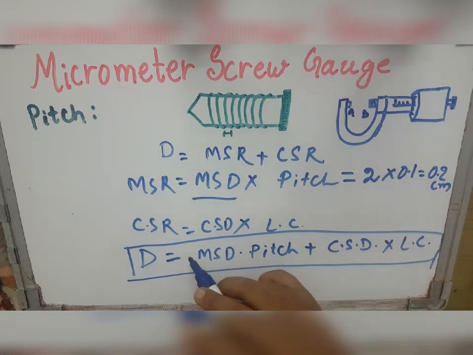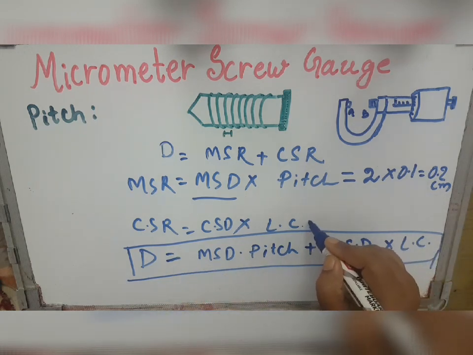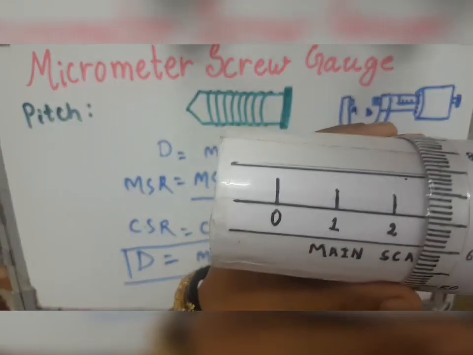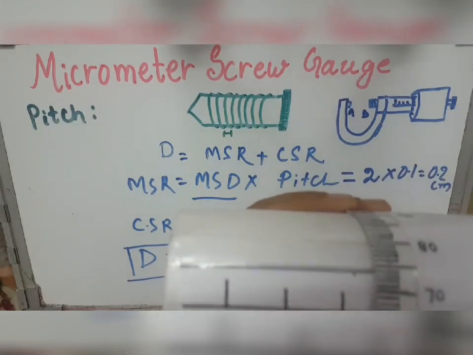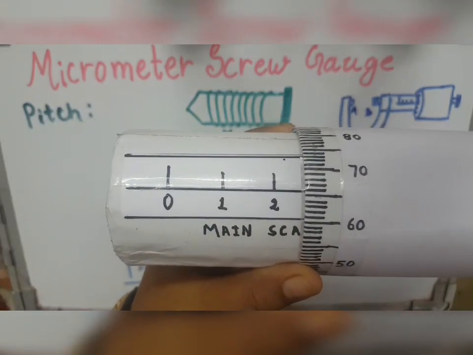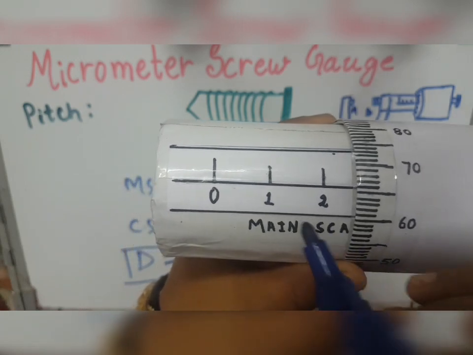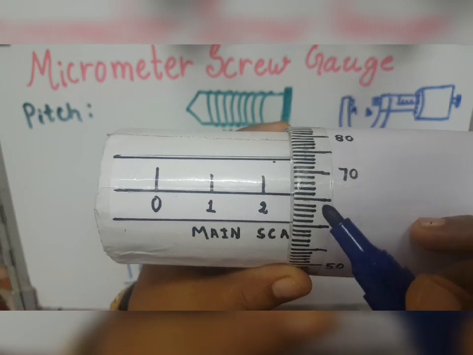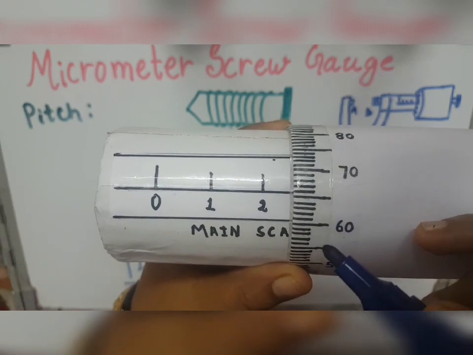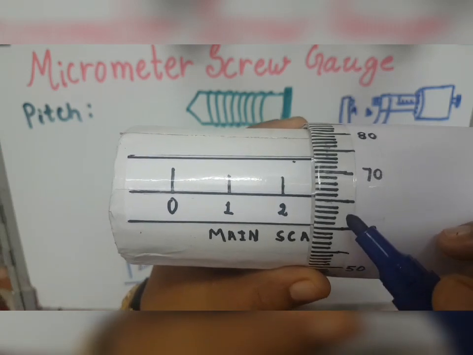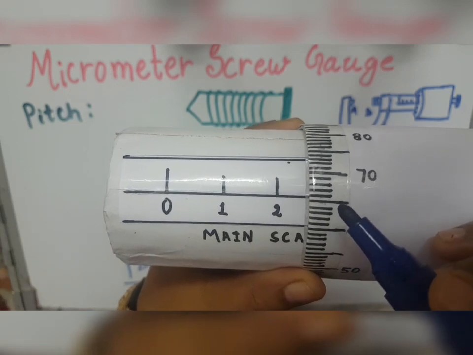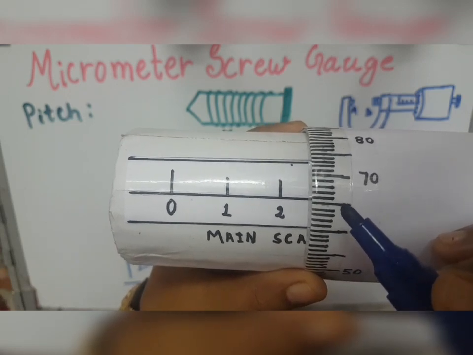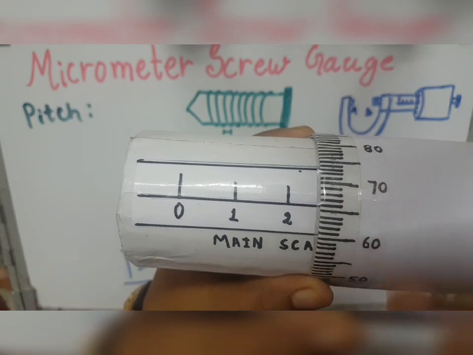Now let us see the circular scale reading. Here in this particular case, the baseline coincides with the 66th division of the circular scale.